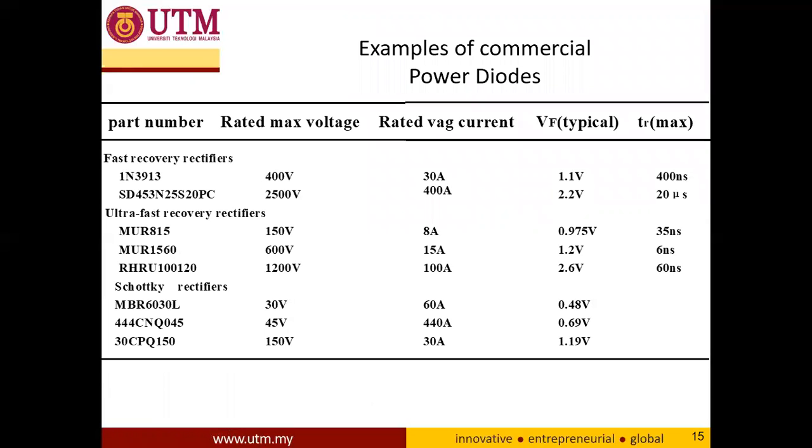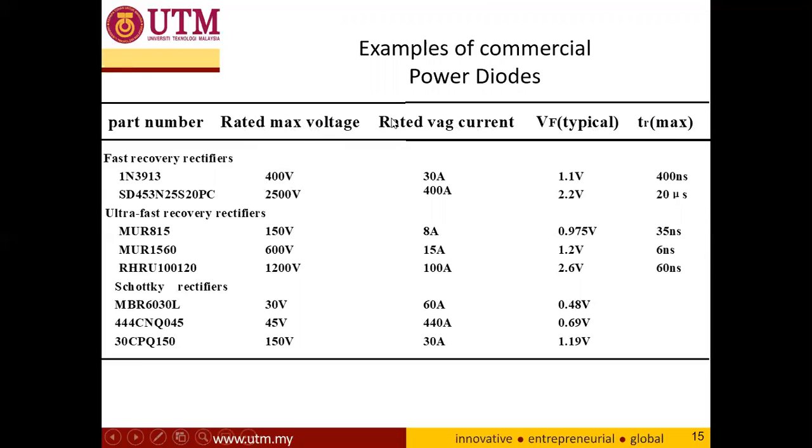And this is an example of commercial diodes. We usually have ratings of the maximum voltage, the rated current, the voltage drop VF, and the reverse recovery time. The rated maximum voltage refers to the maximum voltage that the diode can block during reverse blocking.